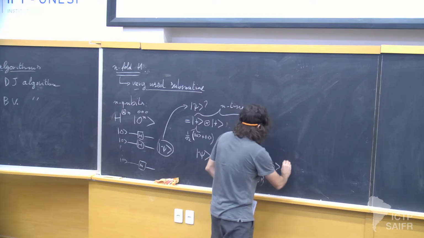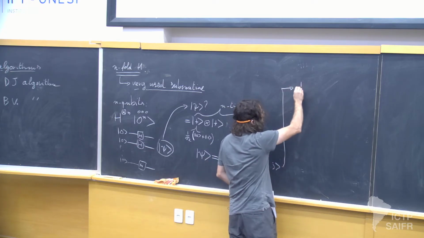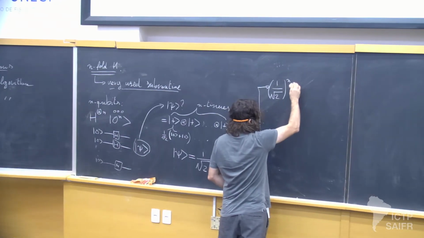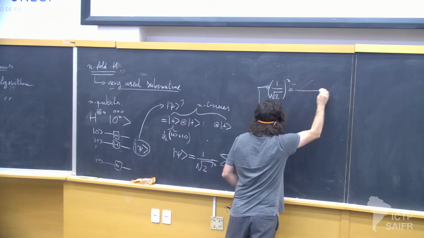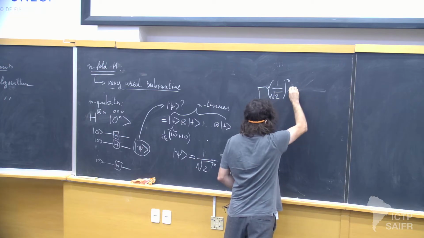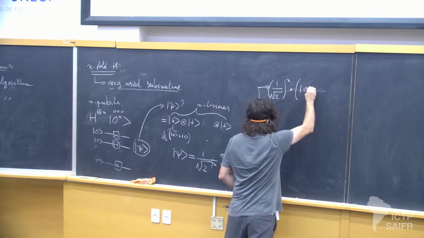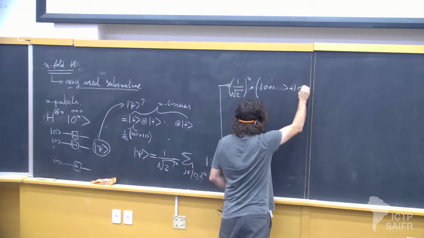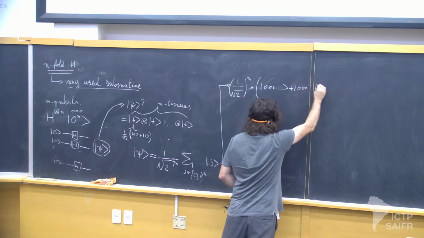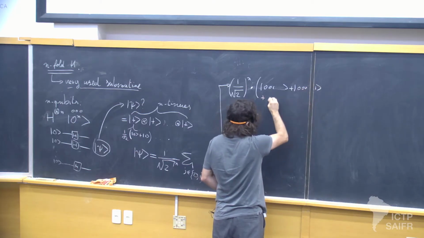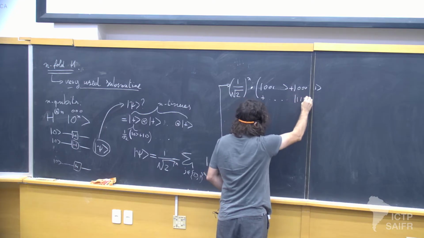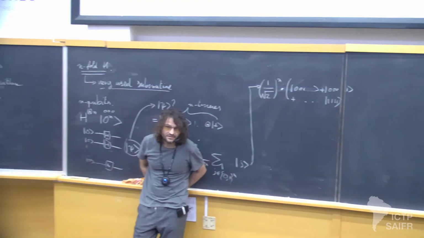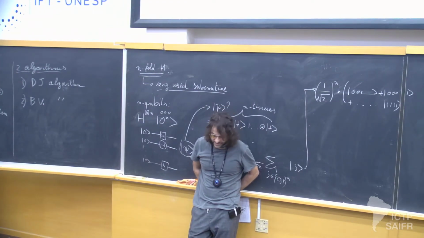So in practice, this state becomes 1 over square root of 2 to the power of n, times |00...0> plus |00...01> plus and so on until |11...1>, everything 1. So how many states do I get in total? 2 to the n, exactly.